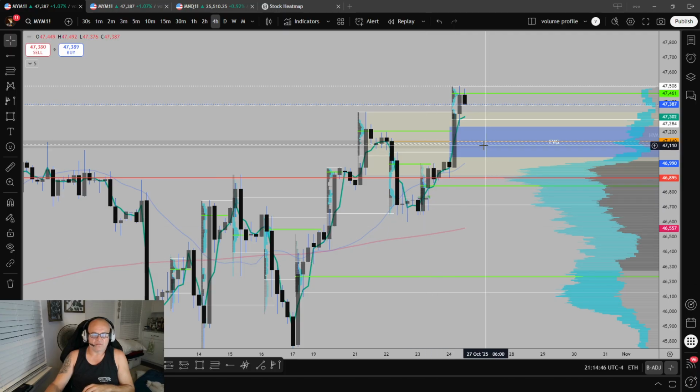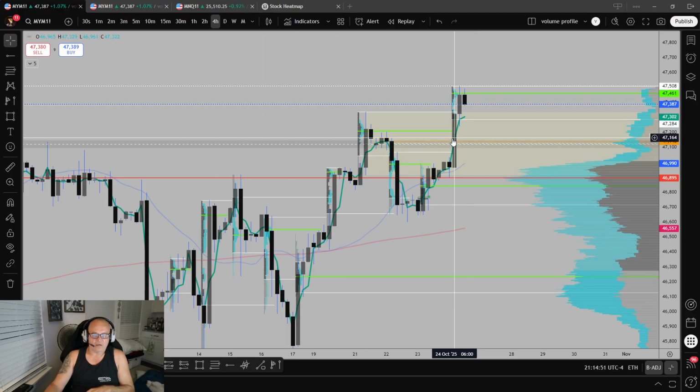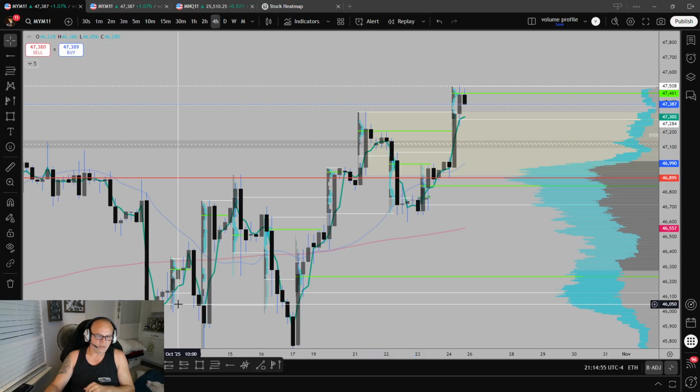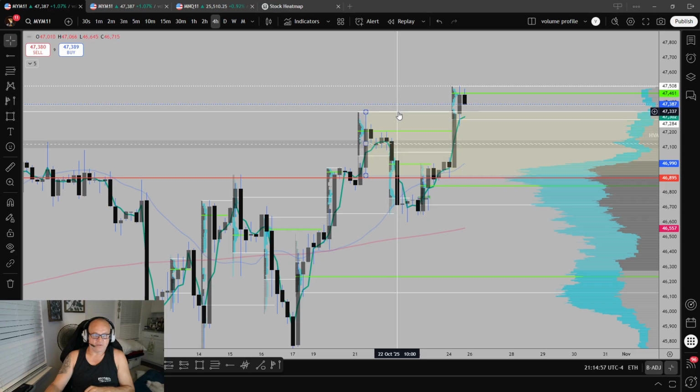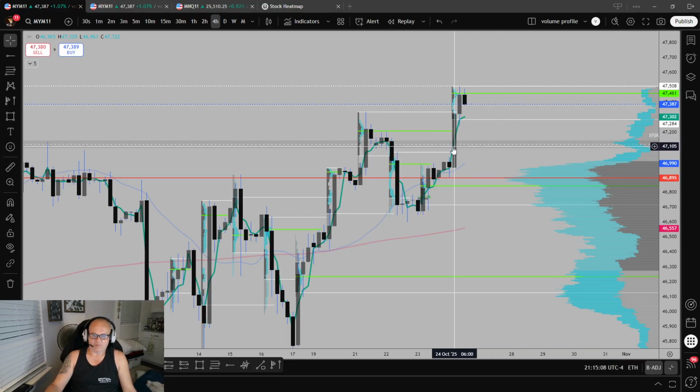Okay, so I'm going to take all of these drawings off because I don't need them, and leave one on there, and that is going to be this shaded in area for the high volume area. I'm going to leave that on because if price gets back down to here, then I'm just going to be looking on my lower time frames for the sign of the reversal to go back up and continue higher.